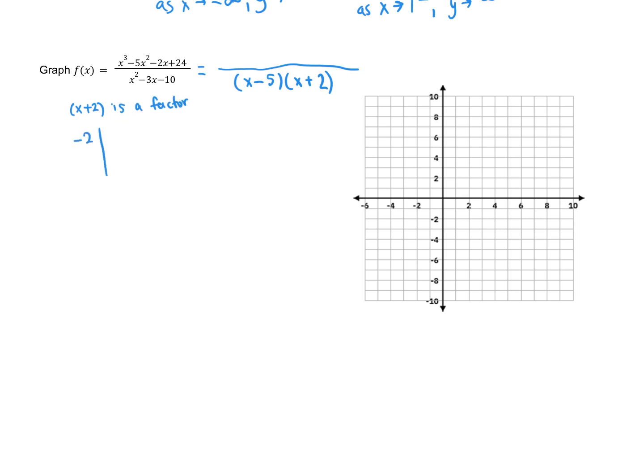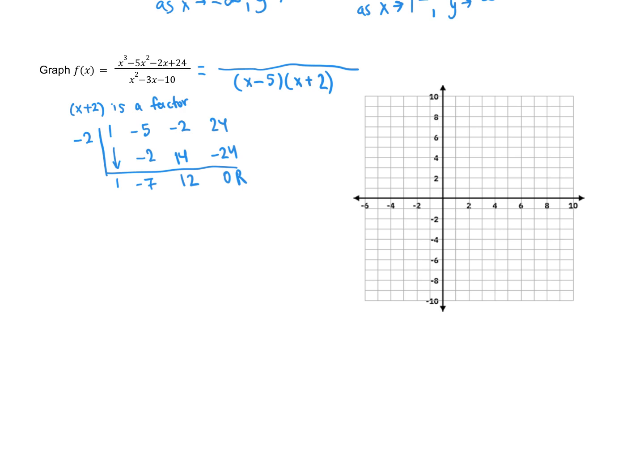So I'm going to do synthetic division here, but you can do long division as well, of course. So bringing the 1 down, multiplying by -2, adding the terms, multiplying by -2, adding the terms, multiplying by -2, adding the terms, and there's my 0 remainder, which is great.